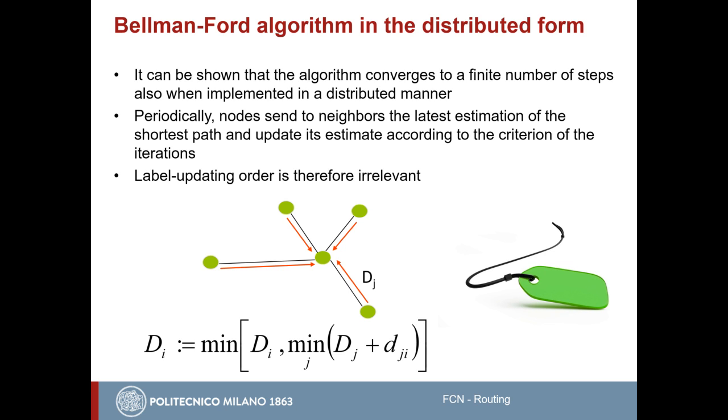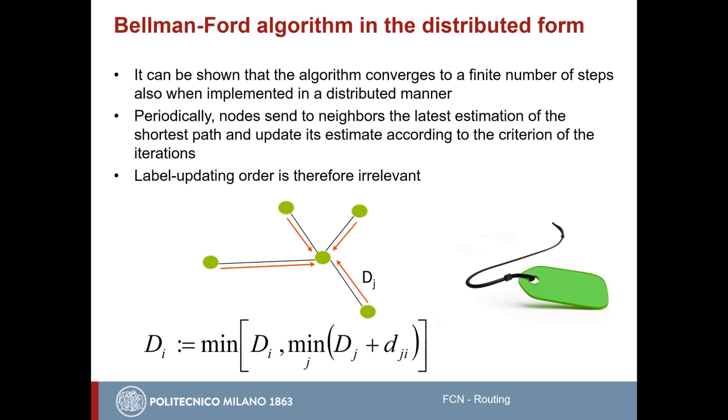But we can also implement the Bellman-Ford algorithm in a distributed form, and it can be shown that the distributed form will converge in a finite number of steps to the solution found in the centralized case.